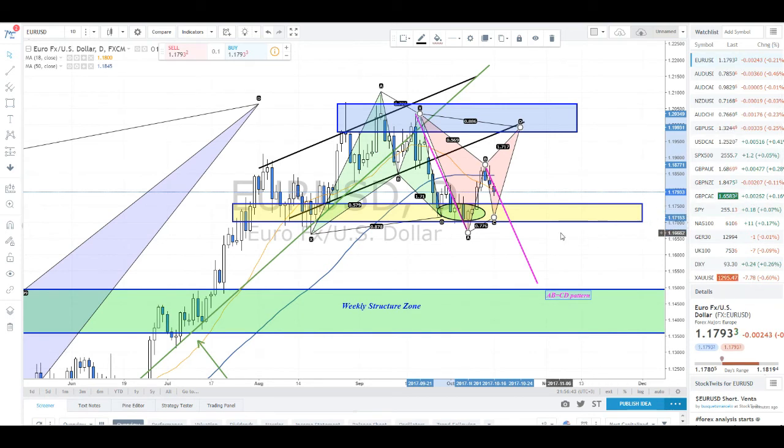Some of you may want to avoid all the trading scenarios that I explained between 1.17 and 1.19. You want to wait for a completion of one of these patterns, the bearish bet near 1.2, a bearish trading opportunity, or the bullish trading scenario that will be relevant if EURUSD reaches 1.15, tests the weekly structure zone, and completes the ABC pattern.